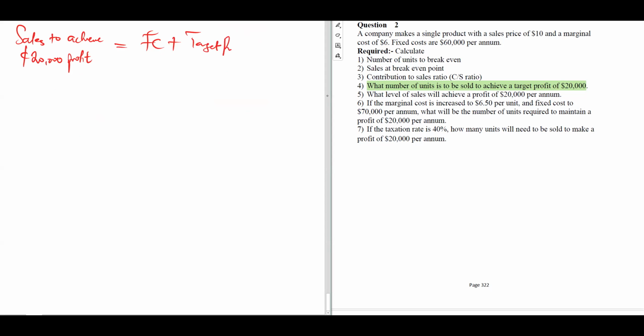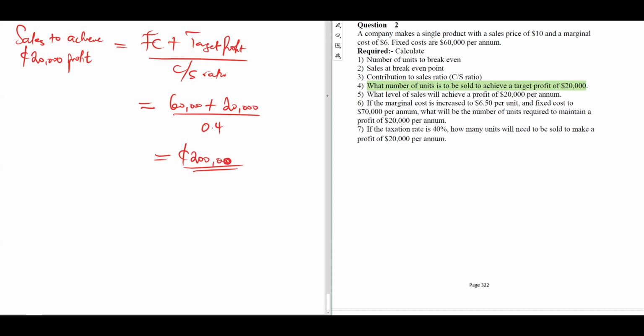So in that case, fixed cost was 60,000, target profit of 20,000, all over the CS ratio of 0.4. 80,000 divided by 0.4 means we must make 200,000 cedis to generate that. So at 200,000 cedis, we are going to generate a profit of 20,000. You can test and see.